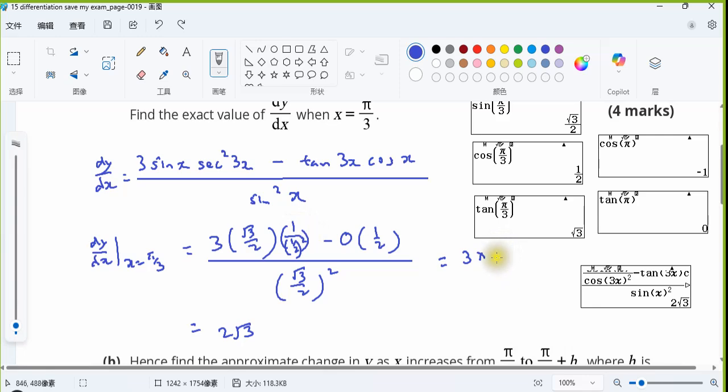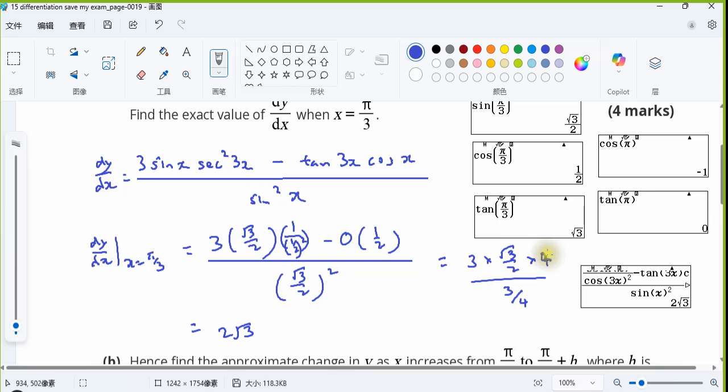3 times 2 over. No, no, no. Yes. 3 times 2 over square root 3 over 2. Square root 3 over 2. 3 square root 3 over 2 times 2 over 3 over 4.